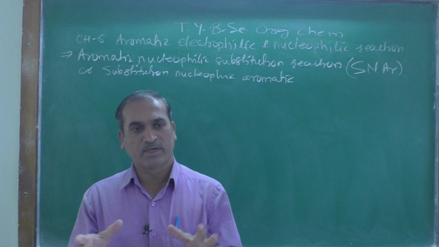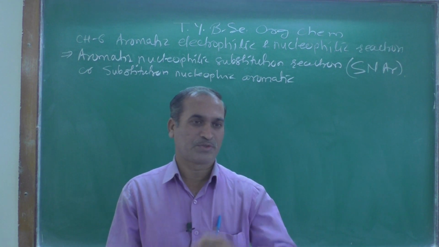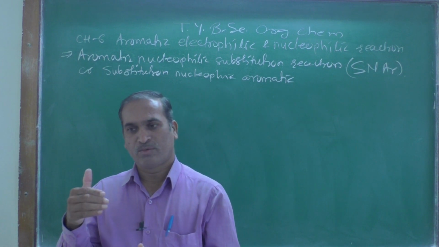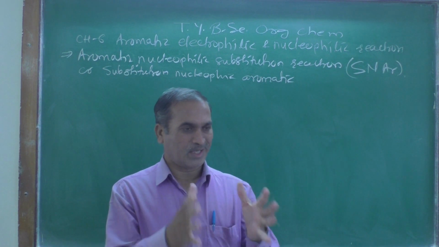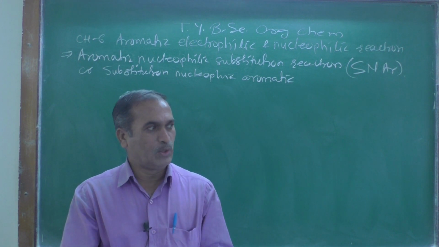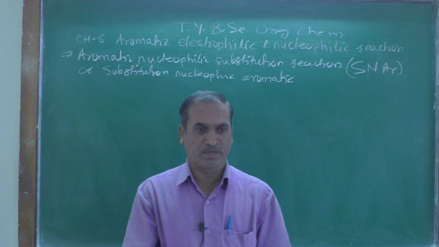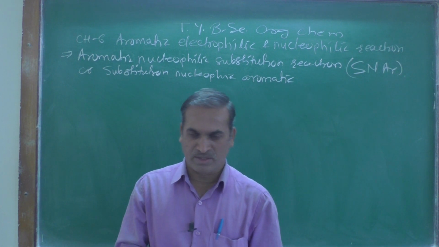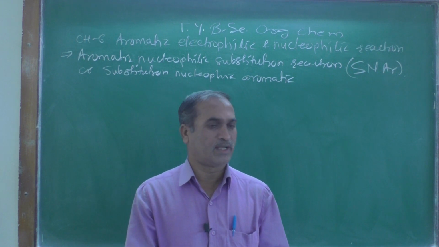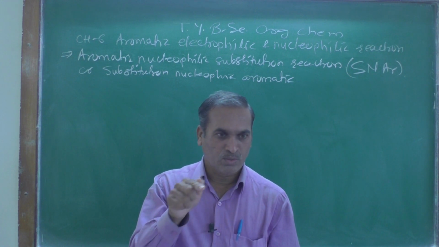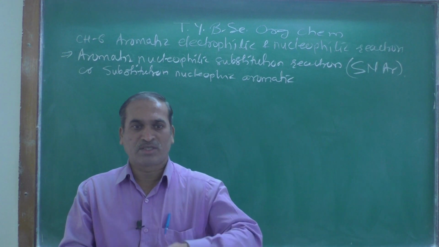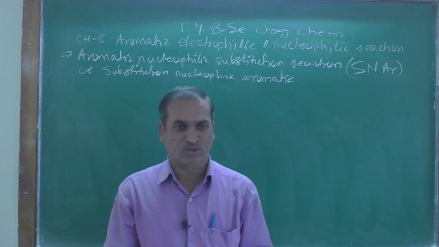I think we were discussing ipso substituent yesterday and what type of thing is called an ipso substituent. Let me tell you, when a monosubstituted benzene is treated with an electrophile, the original substituent present on that benzene itself gets replaced by that electrophile.